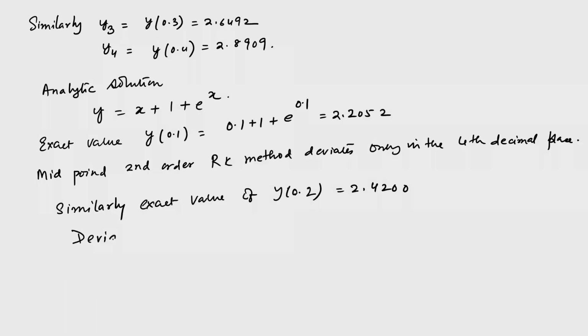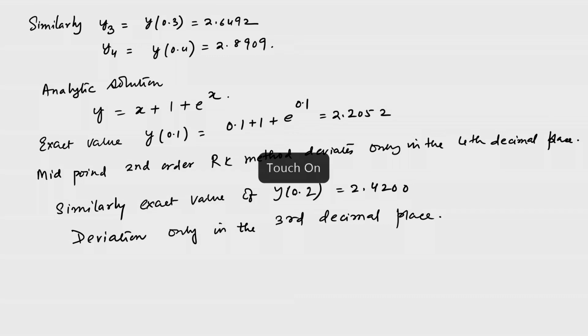So, deviation only in the third decimal place. All right. So, let us just look at a fourth order method, and then we can close this discussion on the RK method.